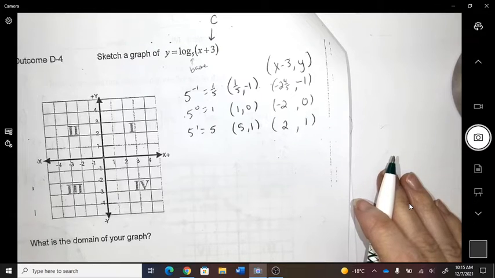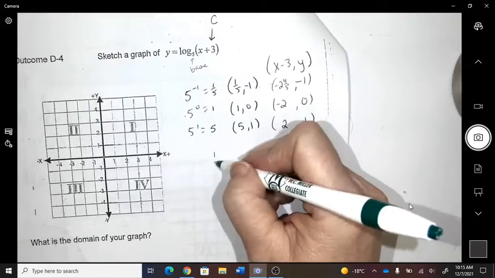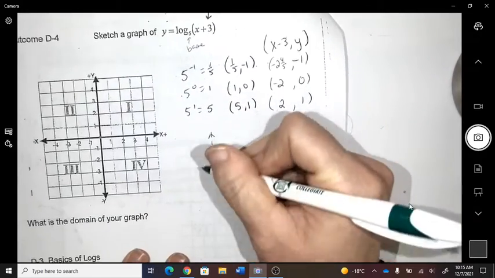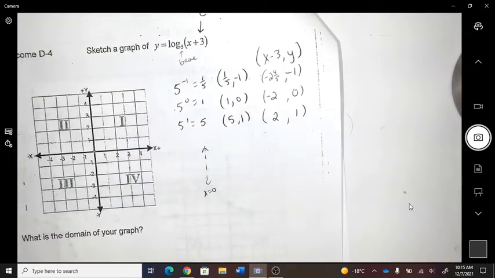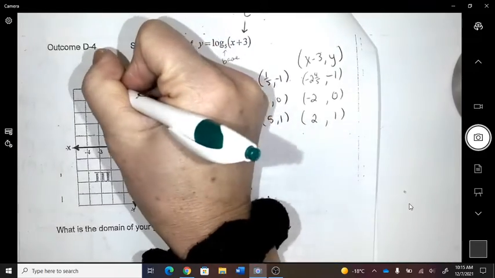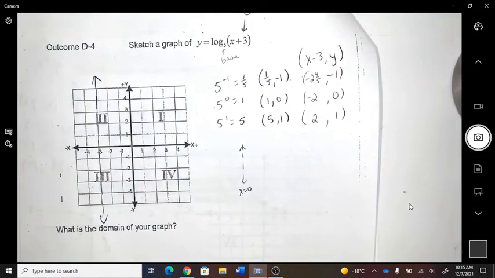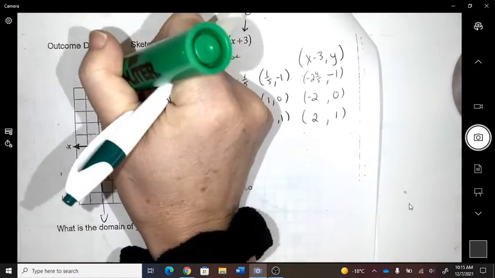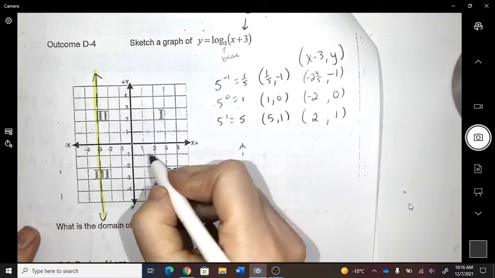What do I know about asymptotic behavior on a log graph? Normally it's x equals 0, right? So exponential, we had a horizontal, this is a vertical, but I moved left 3. So I'm going to put that. There's my asymptote.